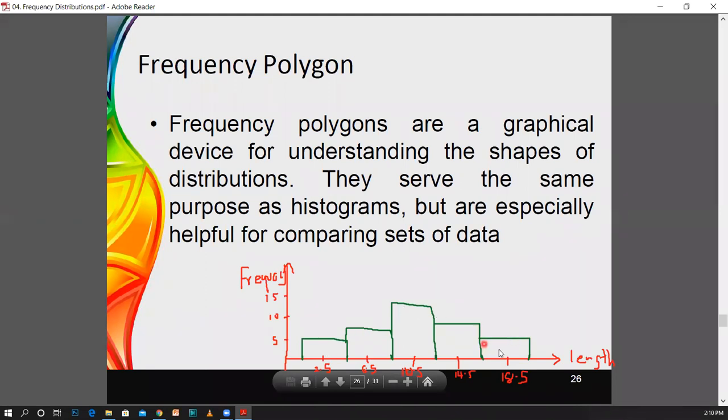We are not going to use bars. We are just using the points, and these points will be connected using lines.